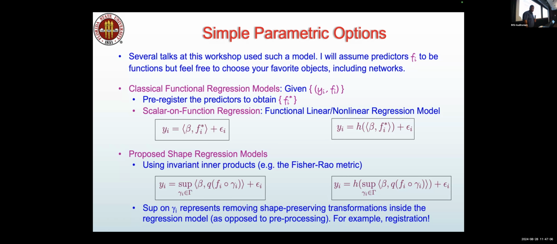Right. Can I ask a question? Oh, yes. Go ahead. So this is a question for both Xavier and Anuj. I like very much the perspective that you bring by emphasizing the need for invariant measures for shape. And of course, that's exactly what we also want to do if I approach it, as we do, from a biophysical perspective. If I want to create a generative model, if I want to write down either dynamical equations or minimize an energy, we have to respect exactly the same kinds of invariances that you're already talking about.